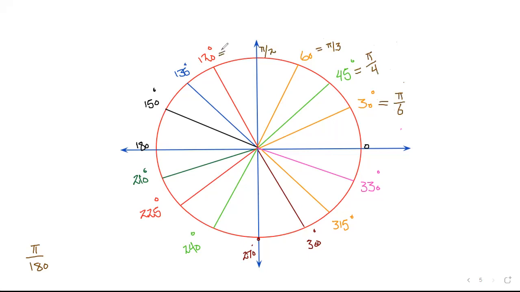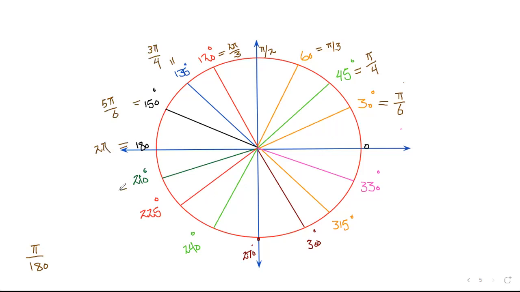For 120, it equals how much? That's right, 2 pi over 3. For 135, it equals what? 3 pi over 4. For 150, it equals 5 pi over 6. For 180, it's obvious, it's equal to 2 pi.